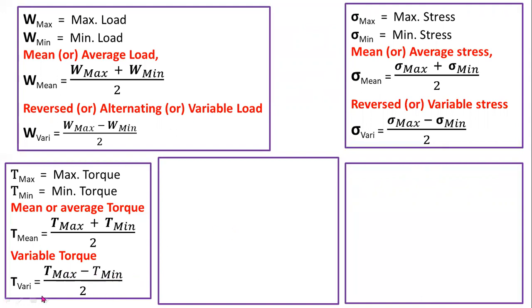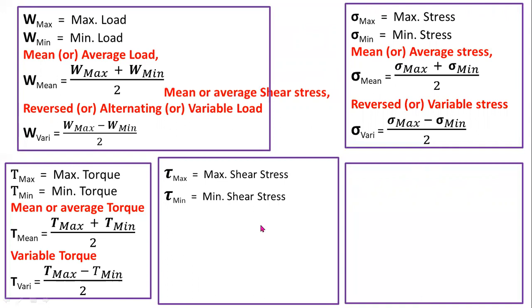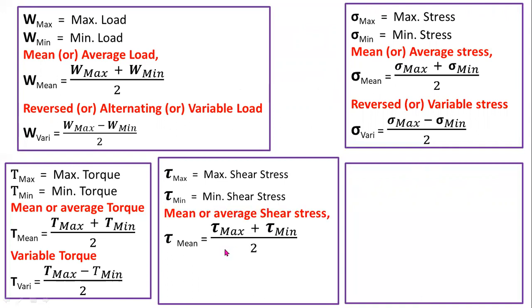If you are considering shear stresses, then tau max is the maximum shear stress, tau min is the minimum shear stress, the average or mean shear stress equals maximum plus minimum shear stress by 2, and the variable shear stress, tau v, equals tau max minus tau min by 2.